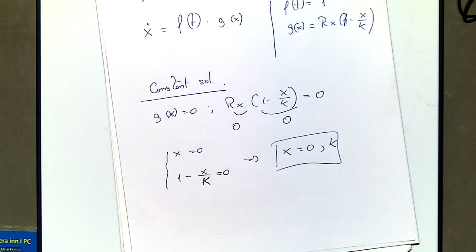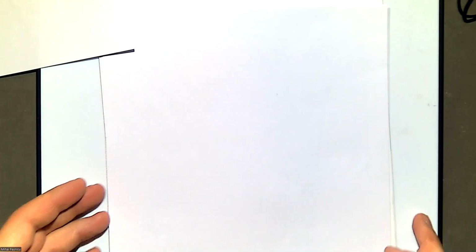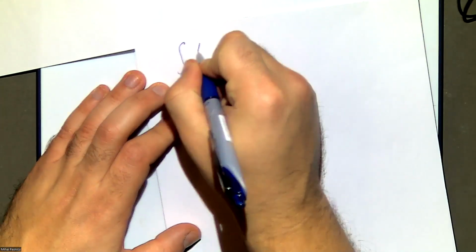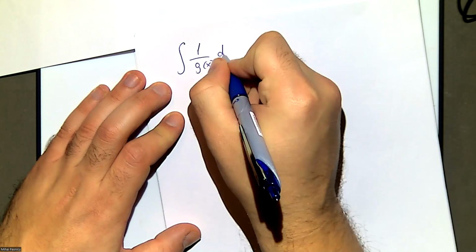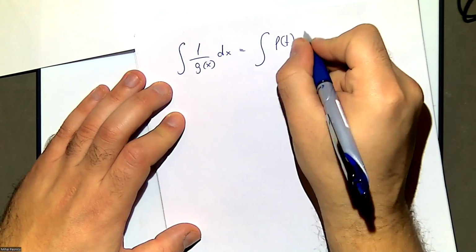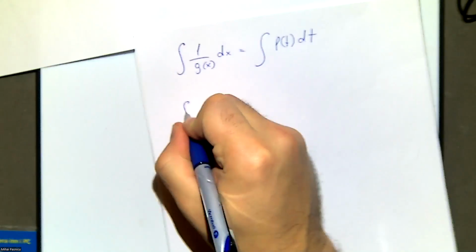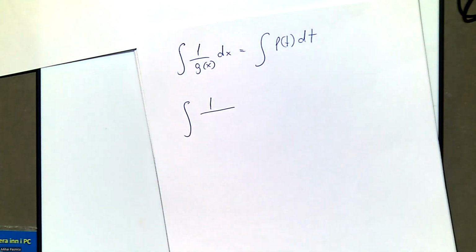Now comes the ugly part, which is computing the integral of 1 over g of x dx is equal to the integral of f of t dt. Okay. Now I'm going to help you out in the sense that I'm going to write what g of x is.